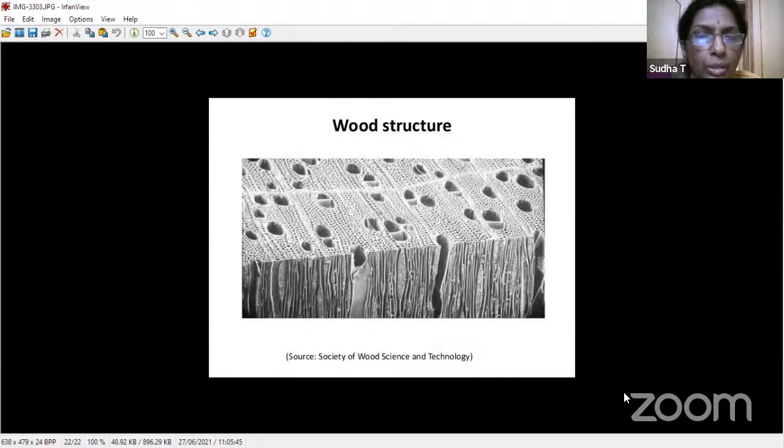This is the tangential section, how this will be. This is the longitudinal radial section where we can see the medullary rays, how they are arranged. This is a surface view, how the scattered large vessels are seen when we take a section of the wood.